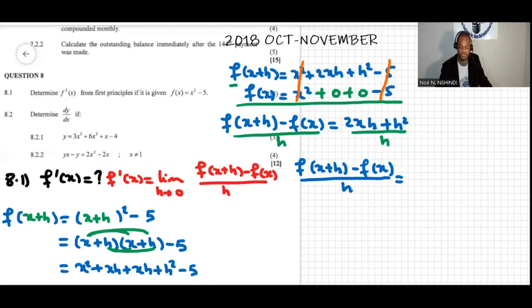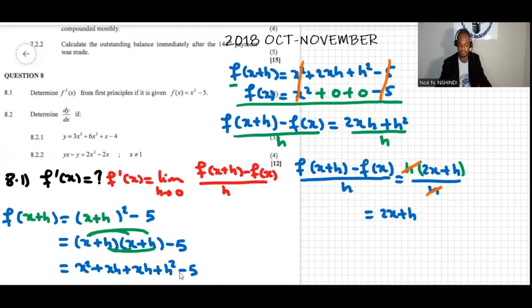This will be equal to, if I take h as a common factor, h open bracket 2x plus h close bracket over h, and then we can cross the h's out, and we are left with 2x plus h. So this is equal to 2x plus h.